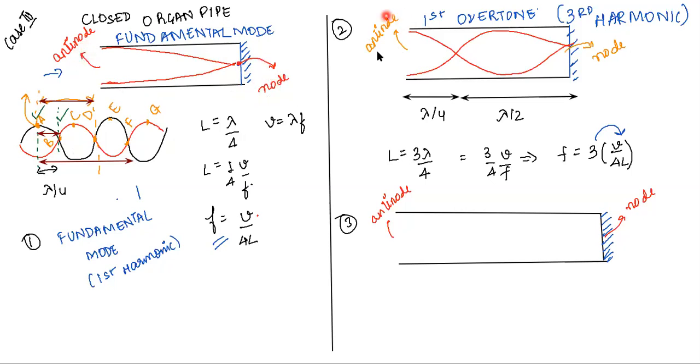Here also, I had to go from an antinode to a node. But in every case, I'm thinking about what are the ways in which I can reach from an antinode to a node. So here I reach just by taking a distance of lambda by 4. But for the next one, I had to take a distance of 3 lambda by 4 in order to reach from one antinode to the next node, right?